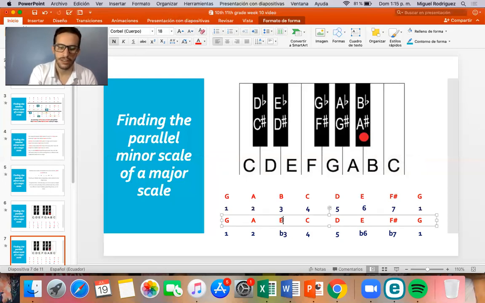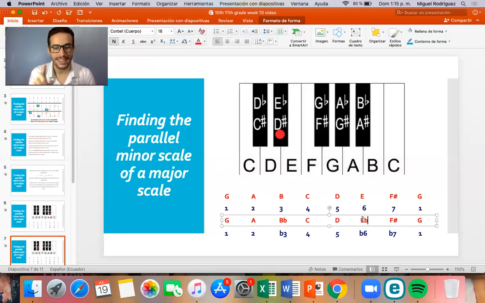So we change here this note to B flat. The 4 is the same, no change. The 5th is the same, no change. On the 6th, we have here that the 6th in major is E, so we go to E. And since the minor one is flat 6, we go down a half step from E. Where are we? E flat.